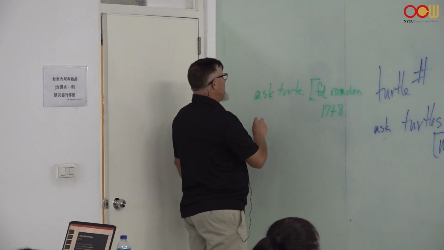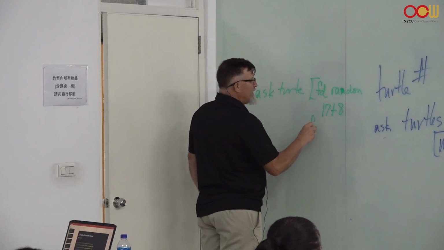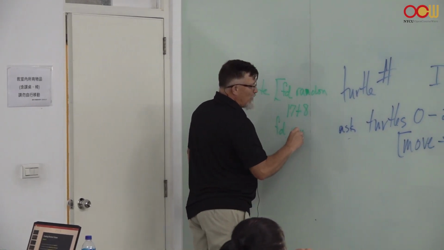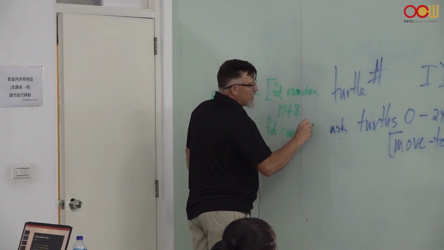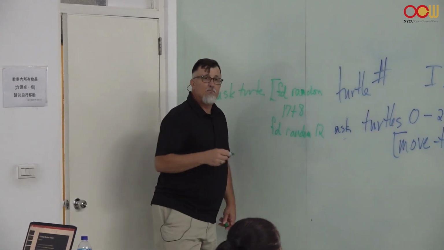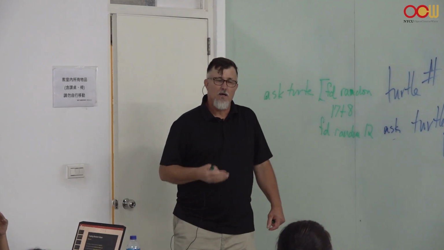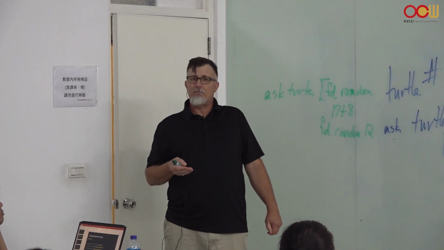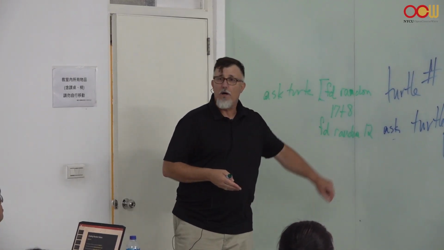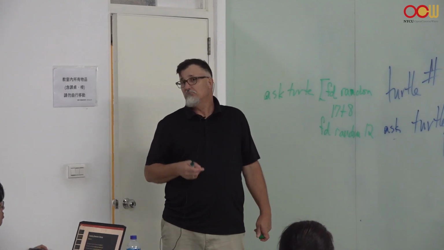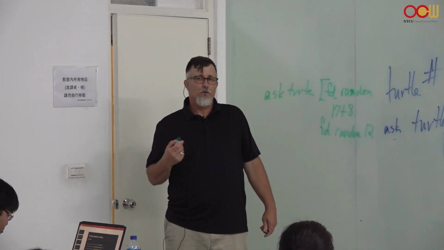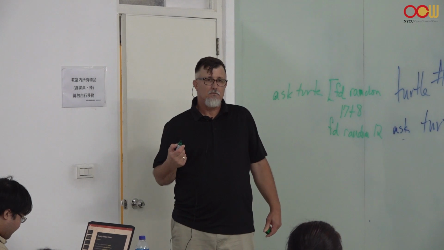If I just put forward random 12, then it's going to move forward any number of steps between 0 and 12. It generates a random number to do that.